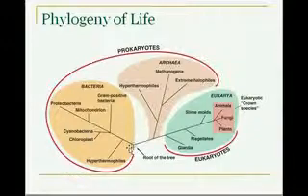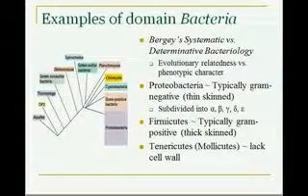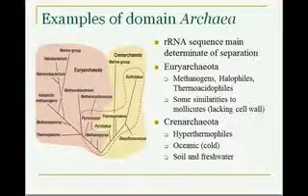Now, with them being closer to the root of the tree of life than the eukaryotes, we do care about them in that regard, trying to understand our own origins. Archaea is literally derived from archaic, or old. These are old cells. Think about methane-rich areas, salt-rich areas, high temperatures, low temperatures, extremely high temperatures.